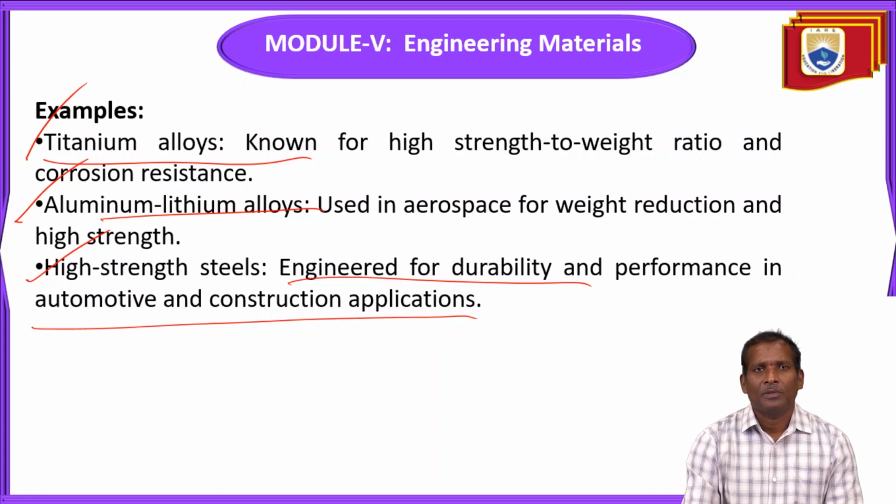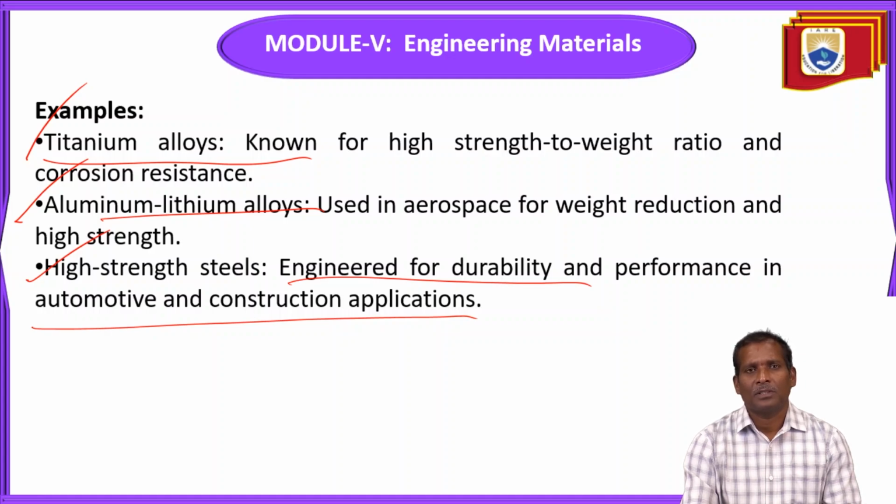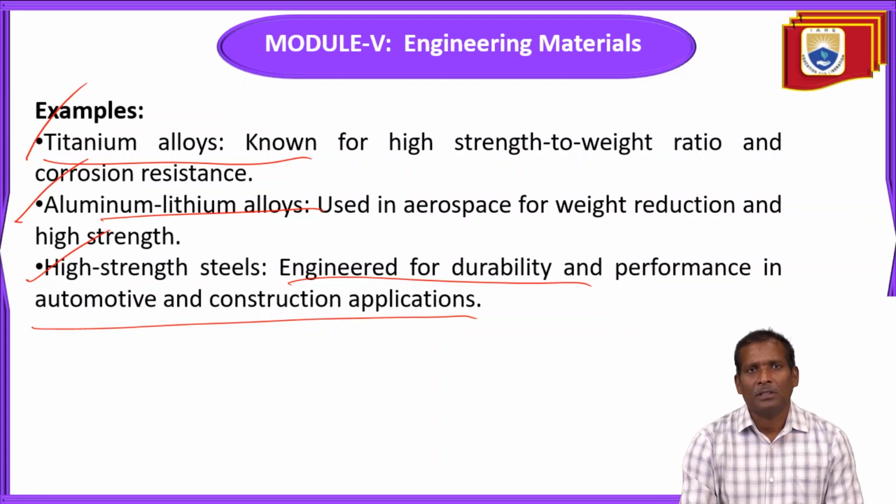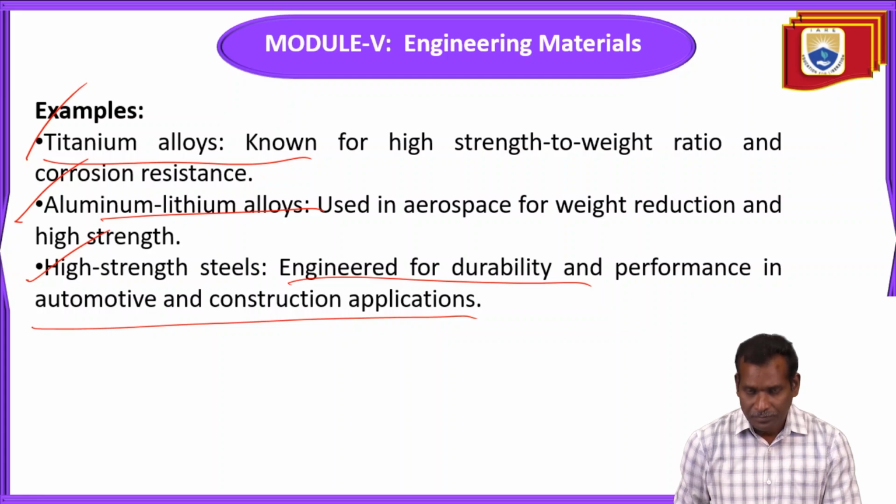So examples are titanium alloys, aluminum lithium alloys, and high strength steels. These are the examples for advanced alloys. They give a high strength to weight ratio and also have corrosion resistance, so they are widely used in these sectors.